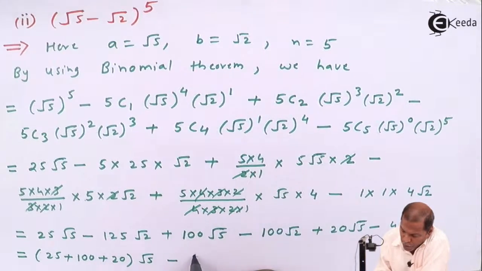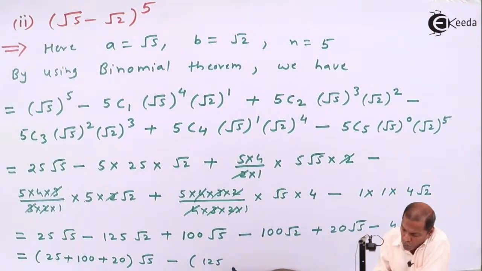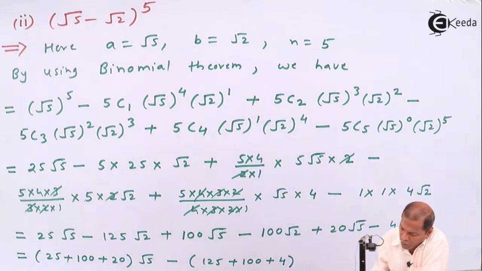So we have minus, in the bracket 125 plus 100 and plus 4. Outside the bracket we write root 2.